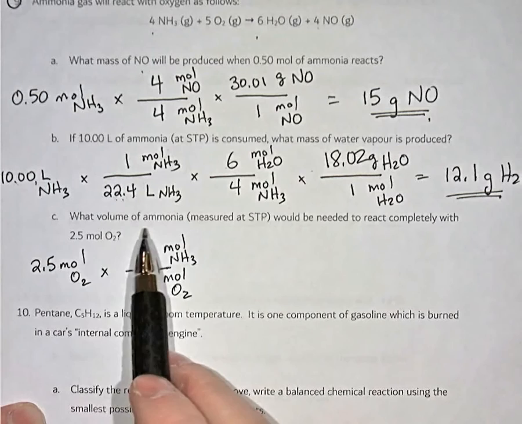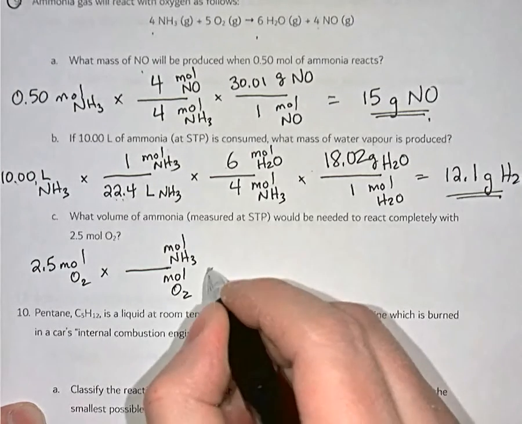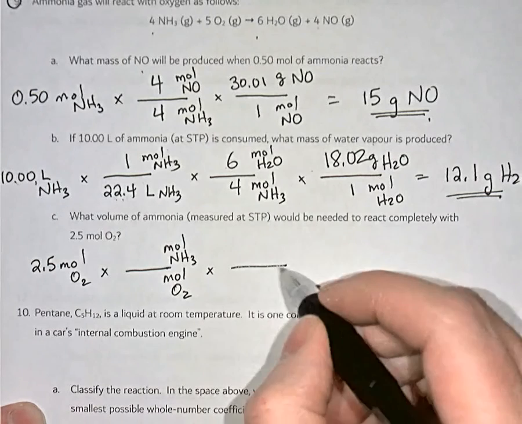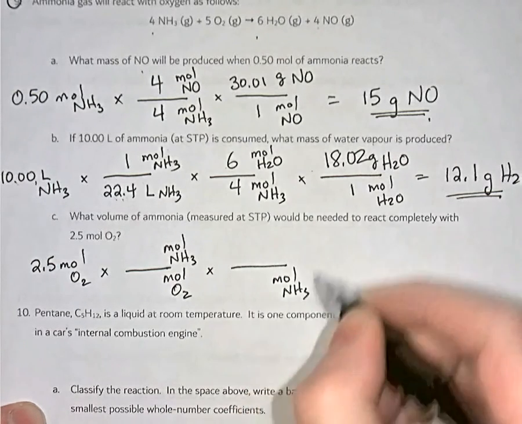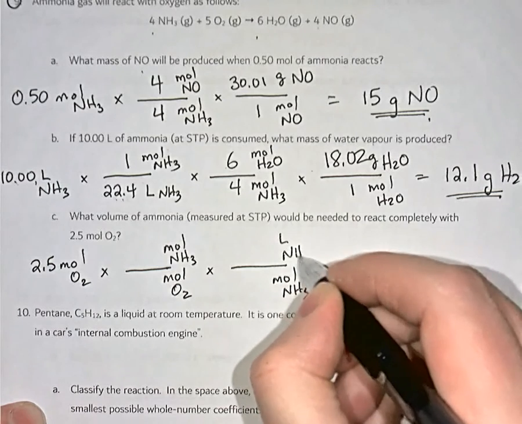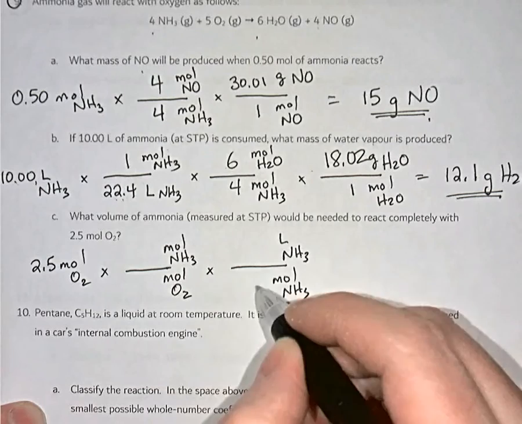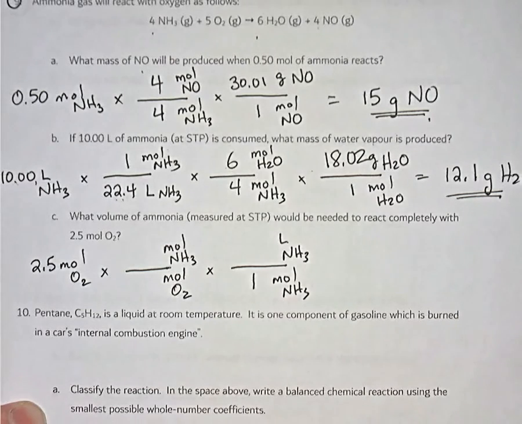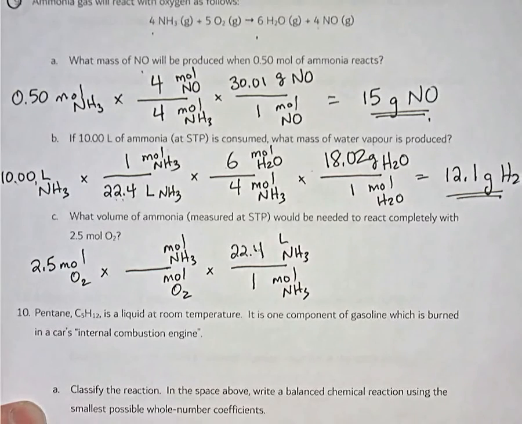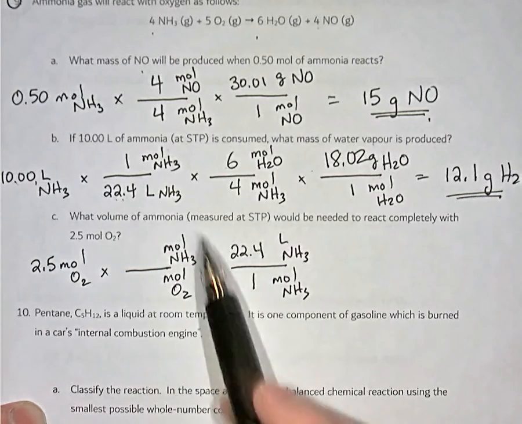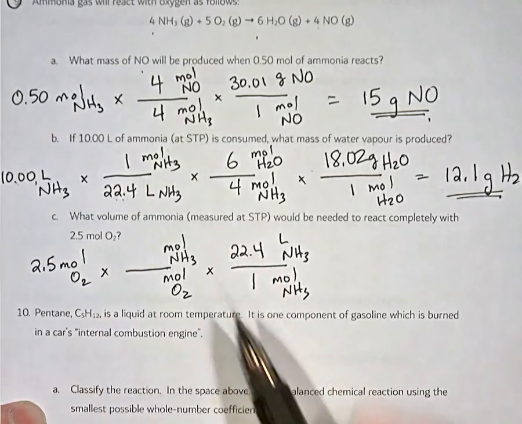The question was, what volume of ammonia measured at STP? The ammonia is a gas, so just like we saw a moment ago, we can switch moles of ammonia into liters of ammonia, because when you're at STP, standard temperature and pressure, 1 mole of any gas is 22.4 liters in volume. And from the balanced equation, 4 moles of ammonia react with 5 moles of oxygen.